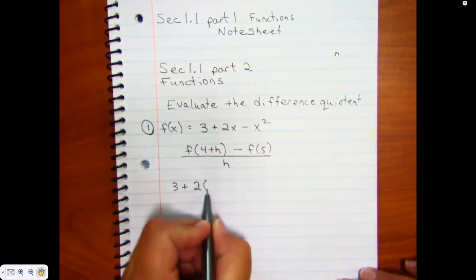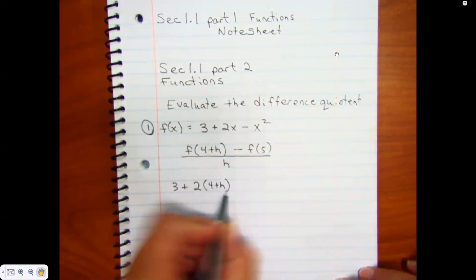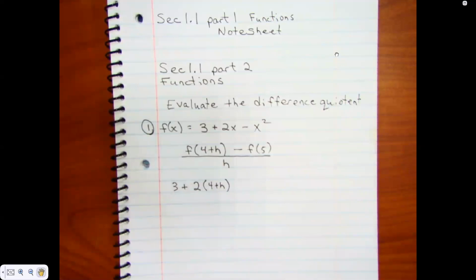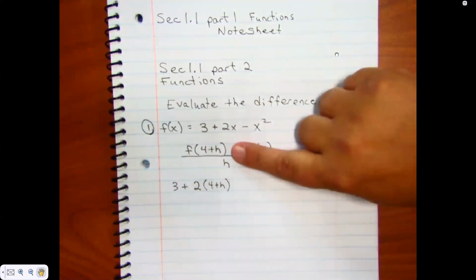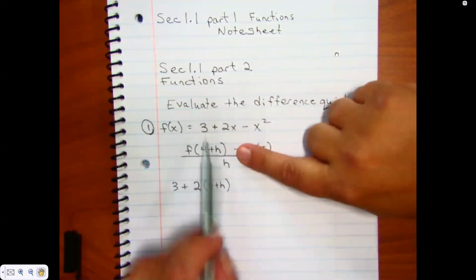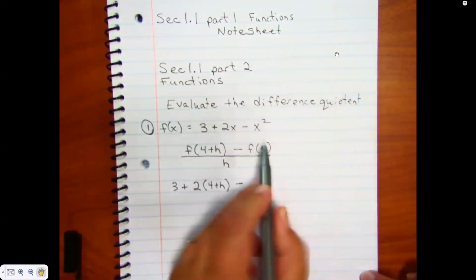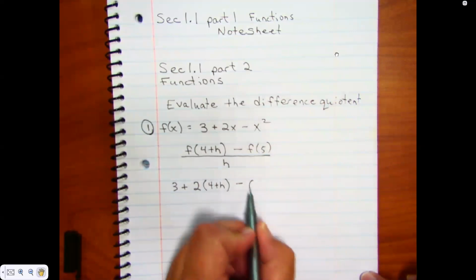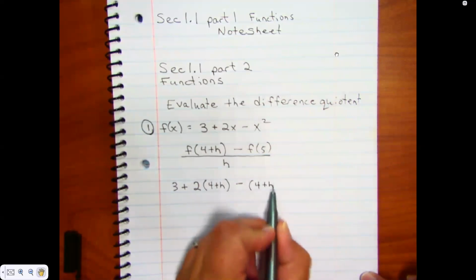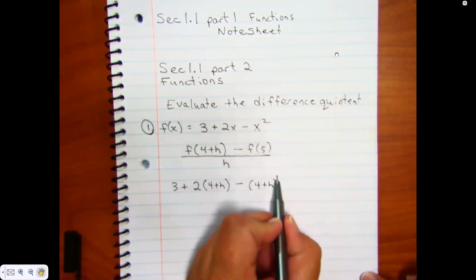So in parentheses, 4 plus h. Minus, I'm not even to here yet. I'm still writing f. Minus, now I'm supposed to write x. What am I going to write in place of x? 4 plus h, and I still have to square it.